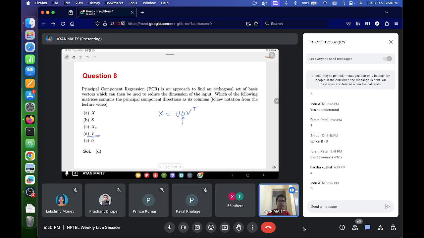So only the diagonal elements are non-zero, other elements are all zeros, and this V is the matrix which contains the principal component directions. So that's why option D, which is this matrix V, is the correct answer. V contains the principal component directions as its columns.